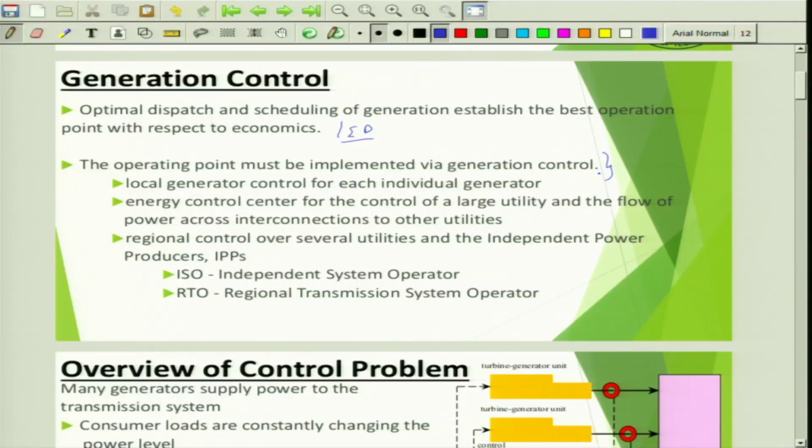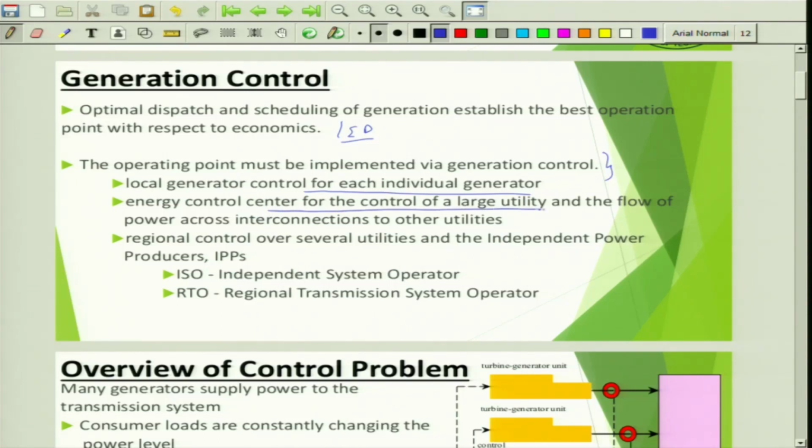So, there is local generator control for each individual generator, because ultimately at the root level each generator output will be changed such that you will not feel any change in system frequency. Then there is the energy control center for the control of a large utility and the flow of power across interconnections to other utilities. There are multiple utilities connected together using tie lines, and the frequency should be managed.